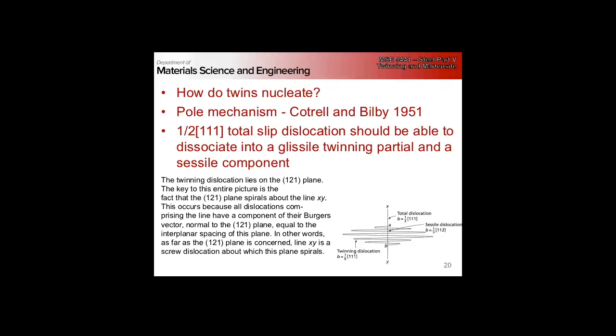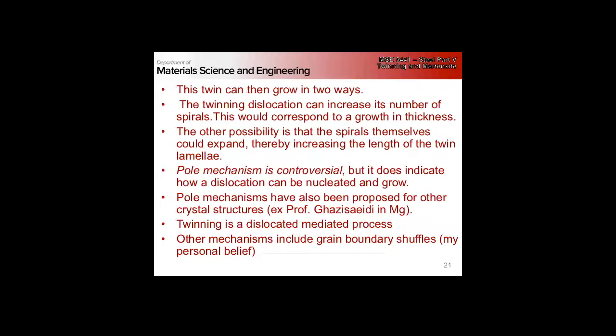So we have this pole of an immobile dislocation with a mobile dislocation that's essentially spiraled around it. Okay. So once we have this, the twin can then grow in one of two ways, right?